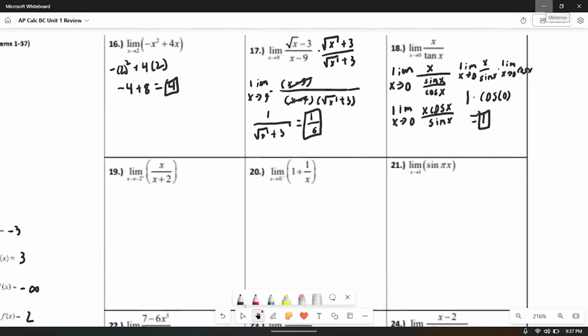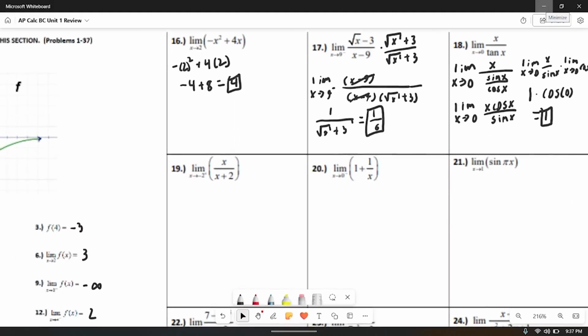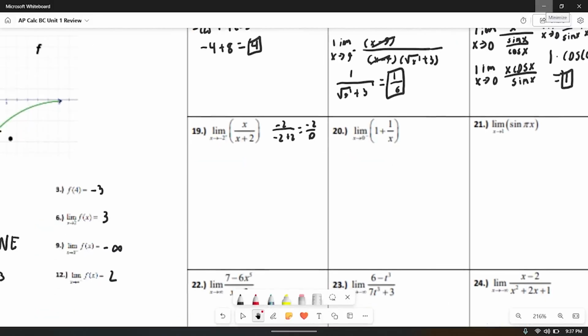Alright, moving on. Now we have a vertical asymptote, and you can see how even this one is different than this one, because if you plug in negative 2, we get negative 2 over negative 2 plus 2, which equals negative 2 over 0. Since this is not 0 over 0, this is a number over 0, so it's going to be a vertical asymptote. What we can do with that is plug in a number.